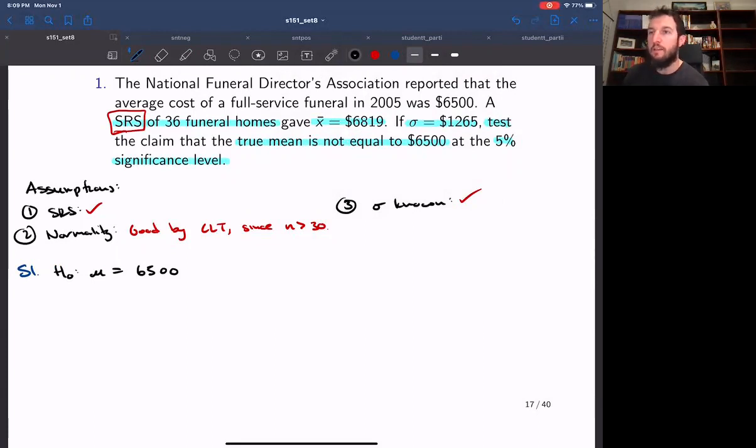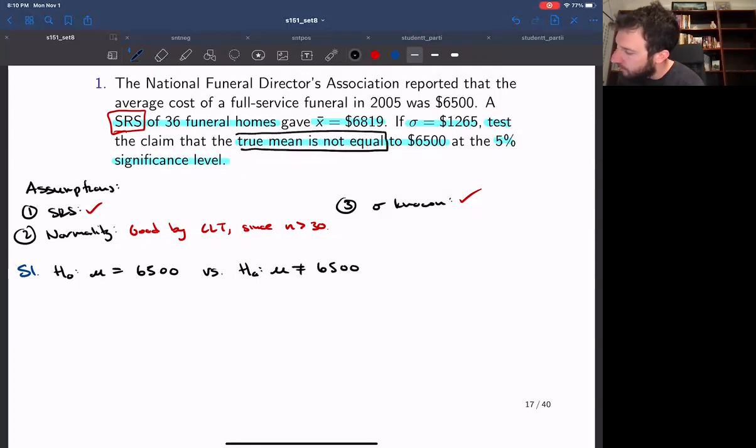So that's basically saying mu 0 is 6,500 in this example. Okay, we want to test that it's not equal to. So that means that the alternative is going to be HA: mu does not equal 6,500. So not equal to is being represented here.